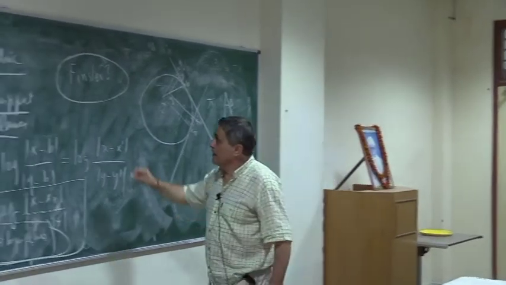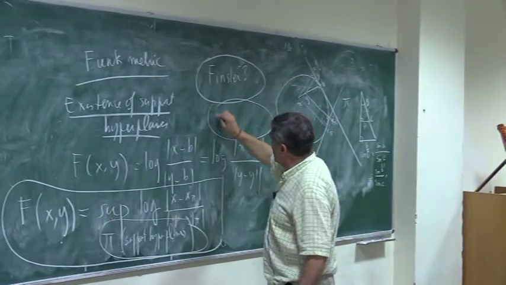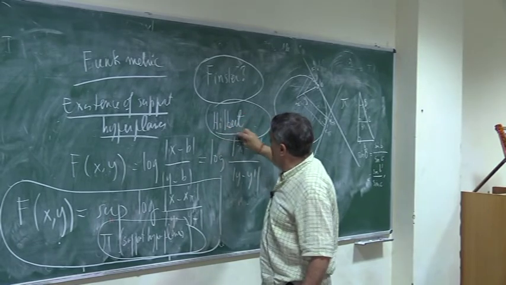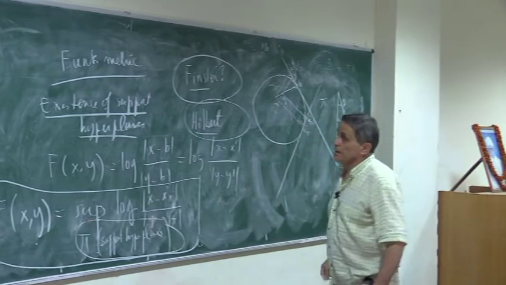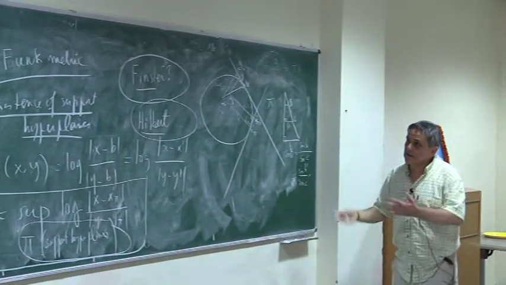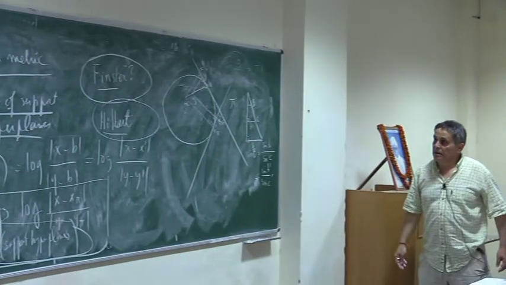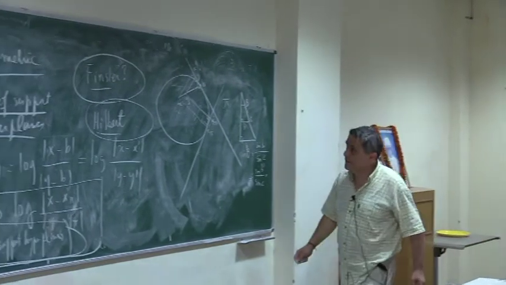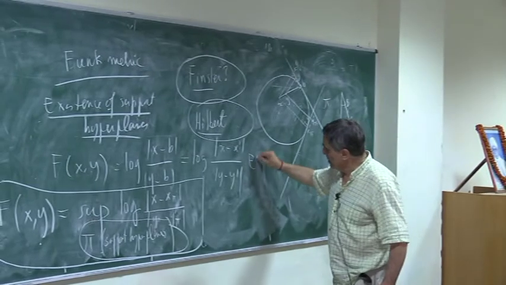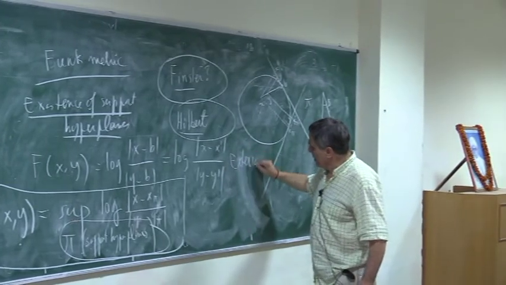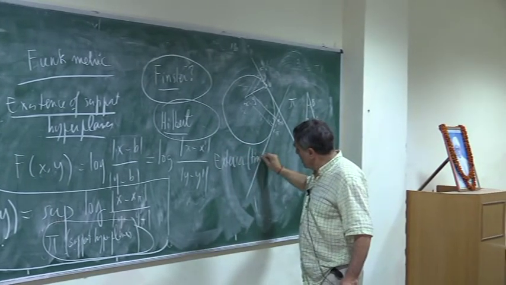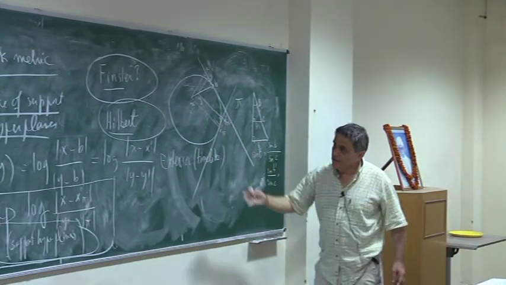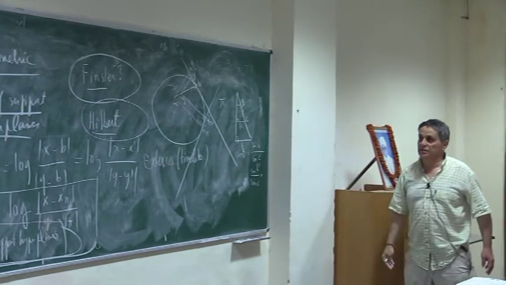And then you can symmetrize and study the Hilbert spherical and hyperbolic metrics, and then you can have the exterior, that is the time-like Funk and Hilbert metrics. You can study their properties and so on.